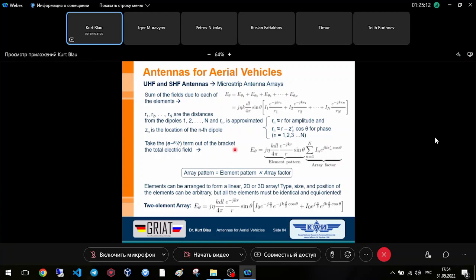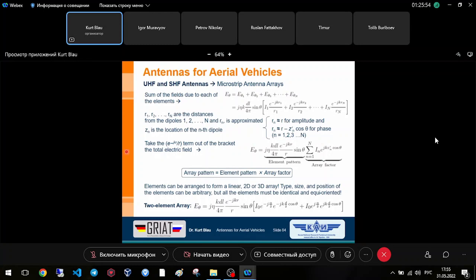In other words, if we want to calculate the behavior of a certain arrangement of single elements arranged in an array, in this case very simple, along the z-axis, along a certain line with a certain distance, then the array pattern or the gain we can calculate from the knowledge of the behavior of the single element, the element pattern, multiplied by the array factor. And it should be clear that this multiplication must be complex.